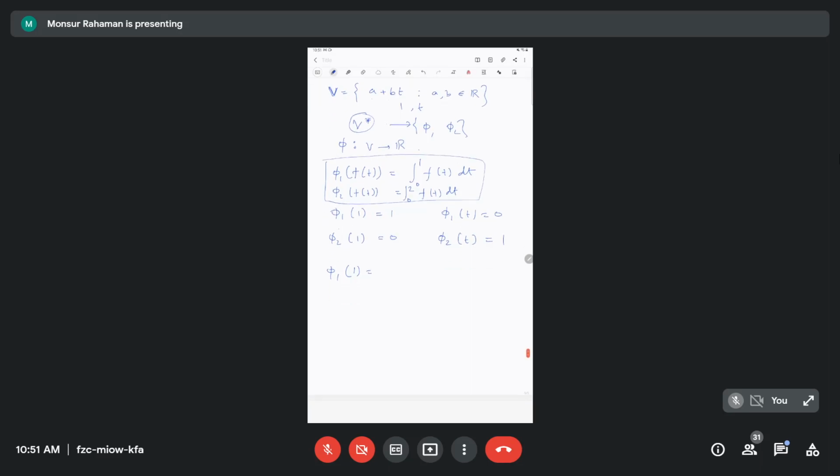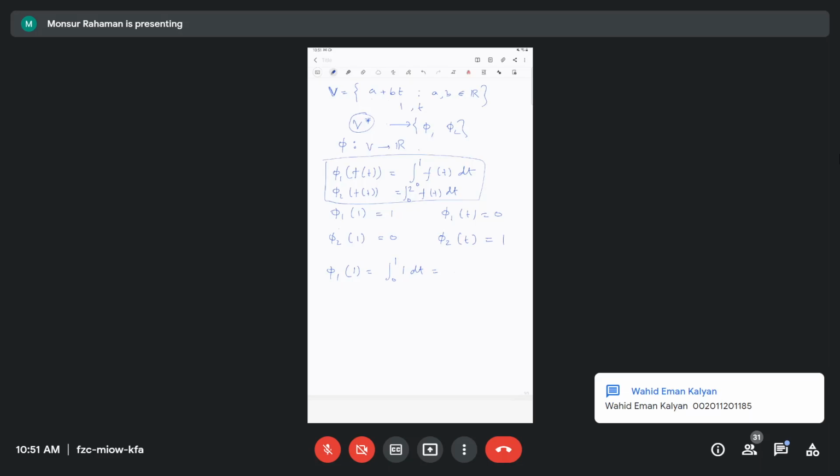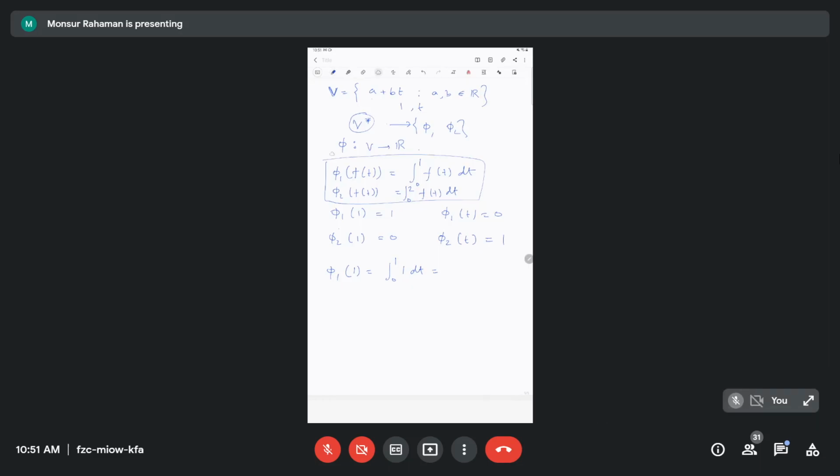So phi 1 will be 0 to 1 because it is only 1, so 1 dt. So it is... no. So if there is some problem, I will have to remove it. Cannot be defined.